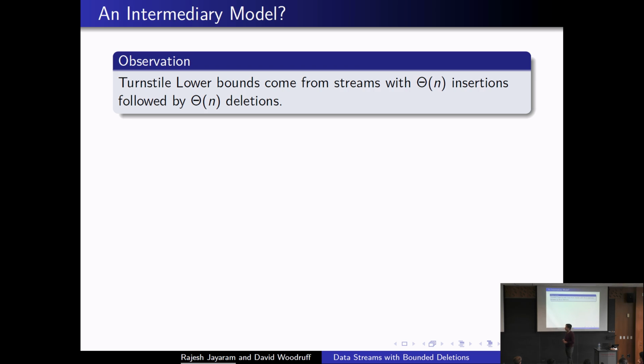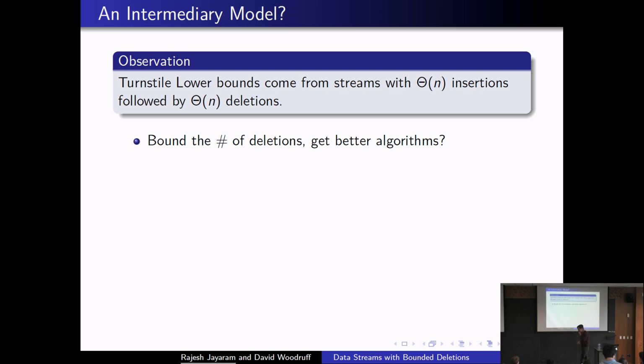So in other words, these lower bounds come from turnstile streams that allow deletions, where the final norm is nearly 0, but there's been a lot of updates in the stream. So the signal size you're trying to estimate is poly 1 over n times the actual noise in the stream, the amount of data that you had to process. So this is sort of the intuition for why you need more space with these turnstile streams.